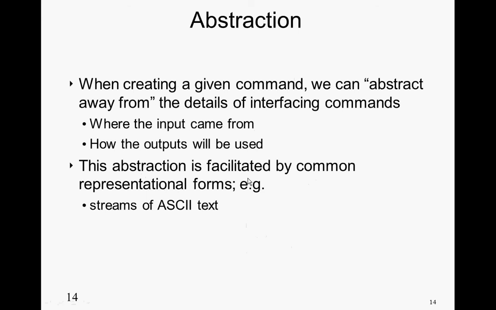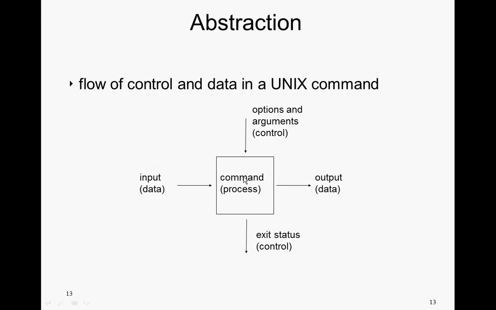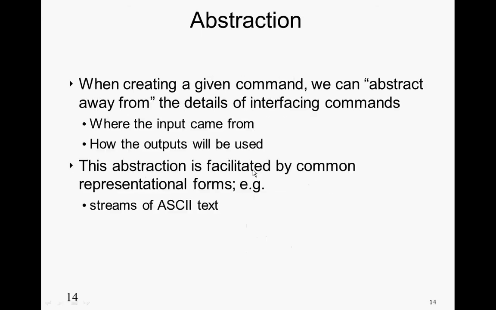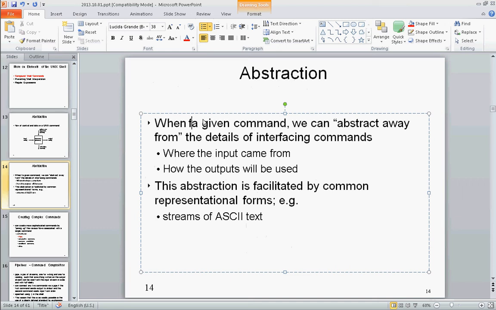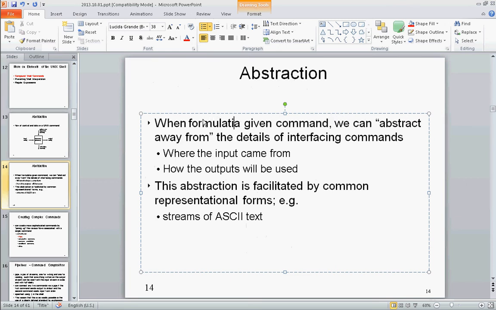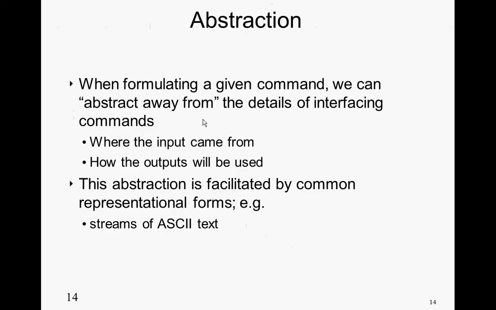Now, when formulating a given command, that is, where we're defining what we want to do with a command in Unix shell, we can typically abstract away from details of interfacing commands, where we're getting our input and where we're putting our output, and focus on that command.